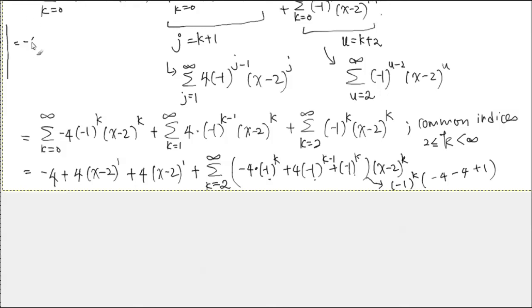It's a negative 4 plus positive 8 times x minus 2. But after that, we have a nice pattern, k going from 2 to infinity. All this thing is a negative 7 in there, right? Negative 8 plus 1. I can put that negative on top of this negative 1 to the kth power. So negative 1 to the k plus 1, and there's a 7 out there, and x minus 2 raised to the kth power.